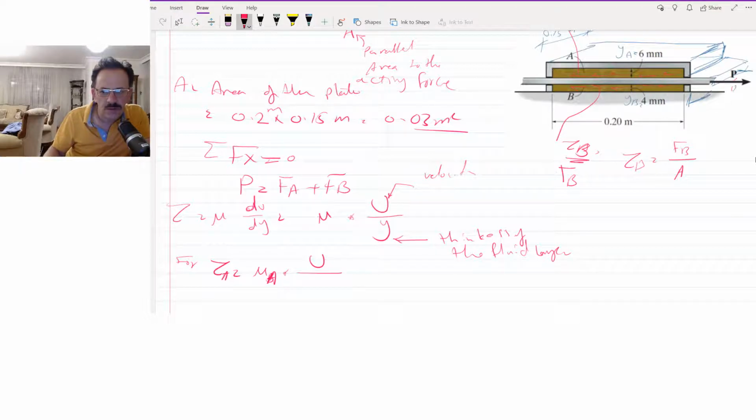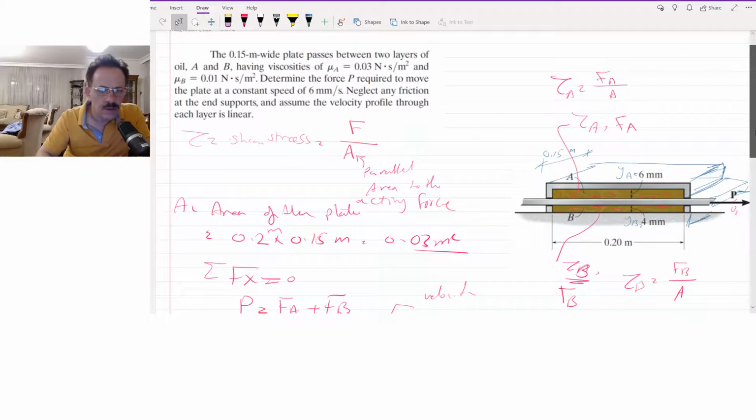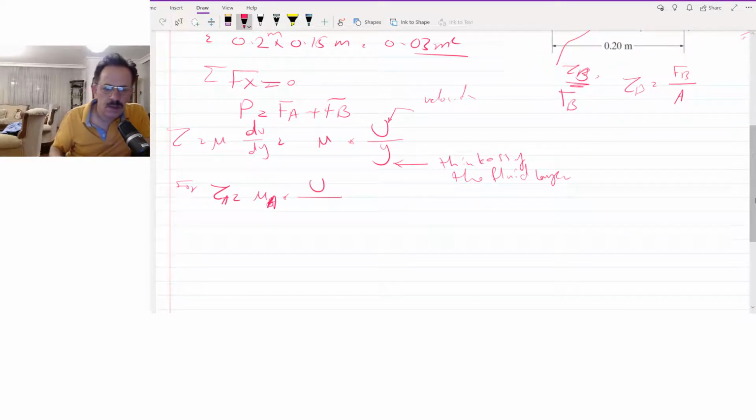We know the velocity of the plate is equal to 6 millimeter per second. So this plate will go out with a constant velocity of 6 millimeter per second. And we have to know y at A.